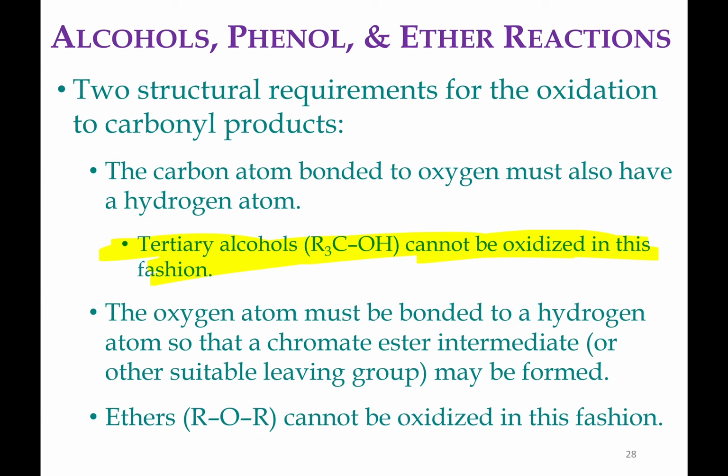The oxygen atom must also be bonded to a hydrogen atom so that a chromate ester intermediate or some other type of suitable leaving group can form. If you don't have a good leaving group, the reaction won't happen. Now, we don't talk a lot about leaving groups in this course, but if you take a full semester organic class, you'll hear a lot more about those. So ethers, this is why ethers cannot be oxidized in this way.